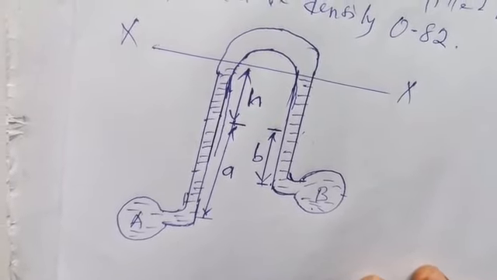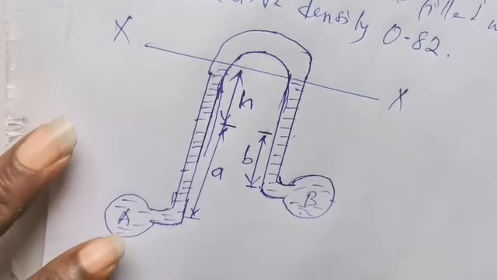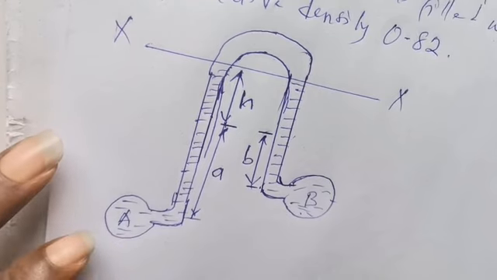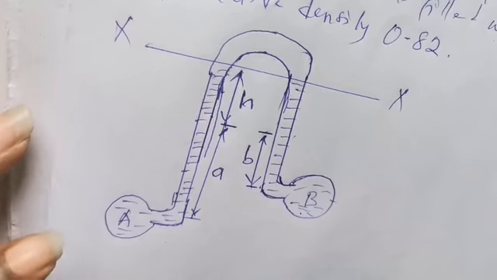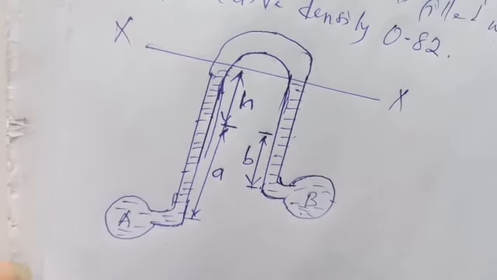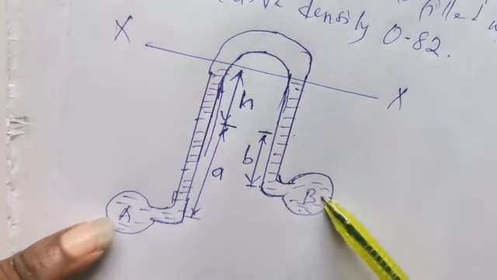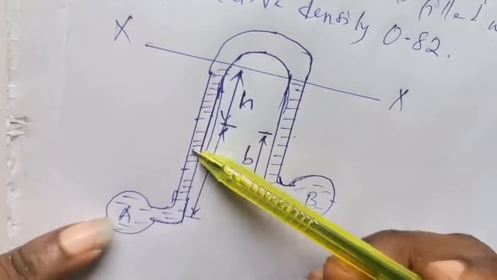Now in this diagram it was clearly stated that water is flowing through the pipeline, but the fluid on the top of the manometer is air and oil of specific gravity or relative density 0.82. So this simply means that what is flowing through the pipe is actually water. So for this first height, we have water.